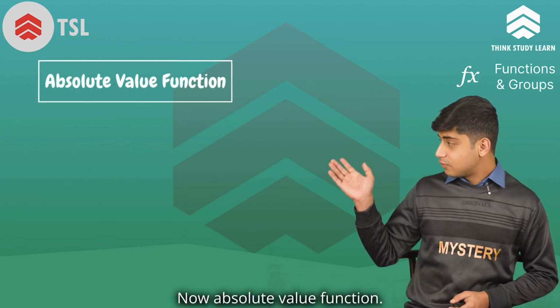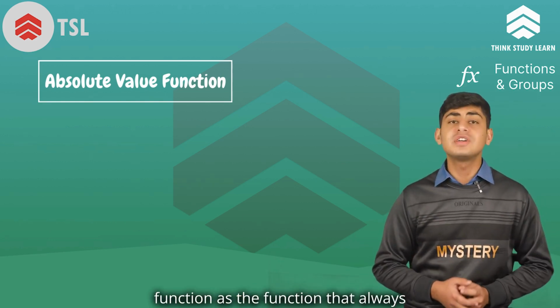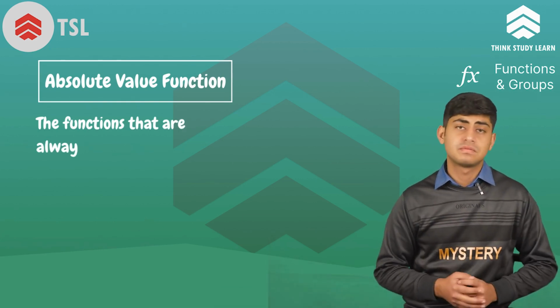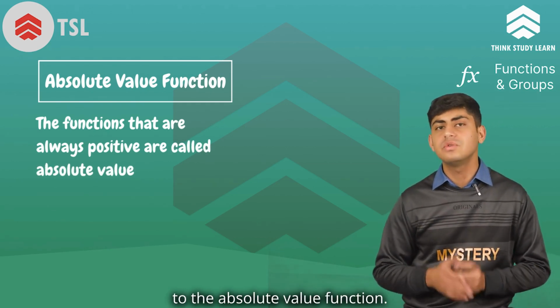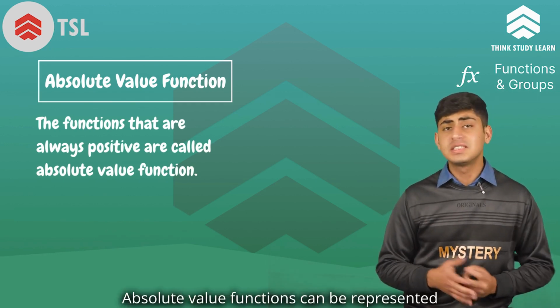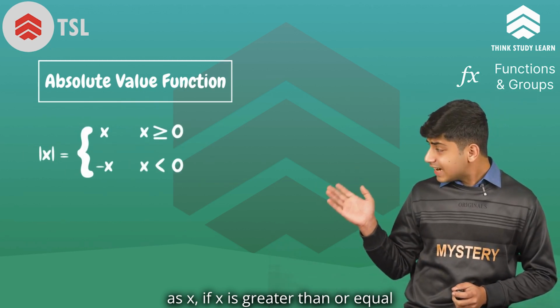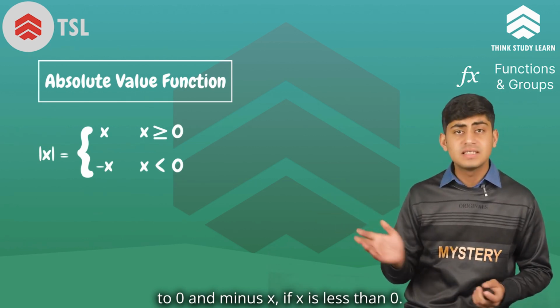Now, absolute value function. You can consider the absolute value function as the function that always remains positive. Negativity is not possible when it comes to the absolute value functions. Absolute value functions can be represented as x if x is greater than or equal to 0 and minus x if x is less than 0.